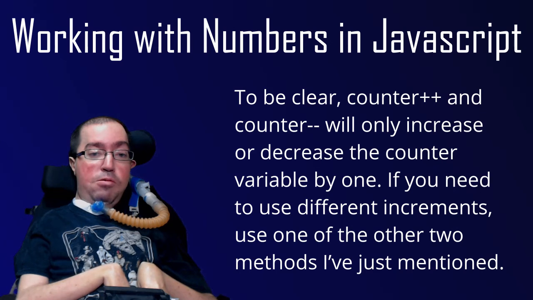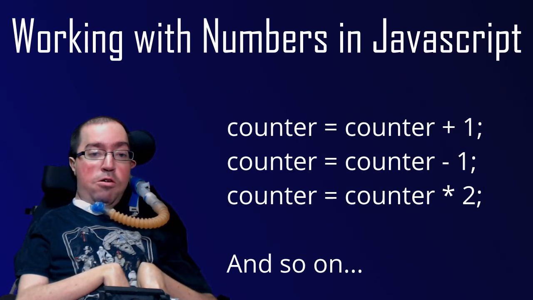Again, the variable name of counter is just an example. This will work with any valid variable name. It's also worth pointing out that these methods will work with more than just addition. Especially with the first method, you can use any operation you like.